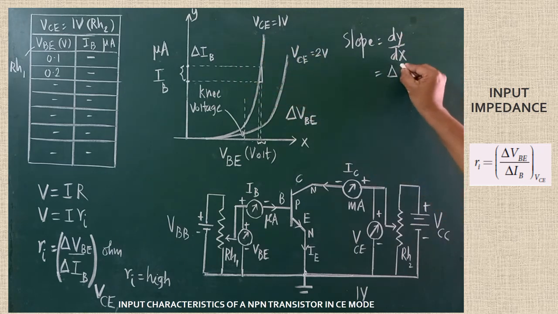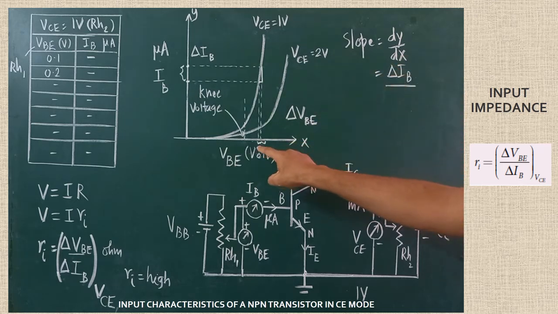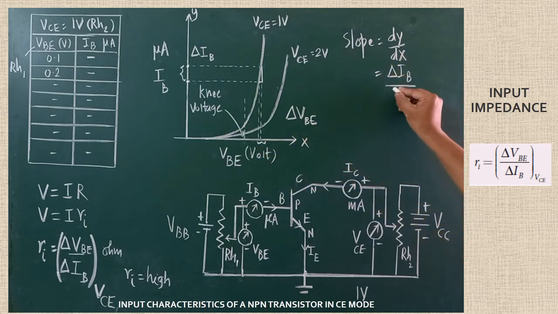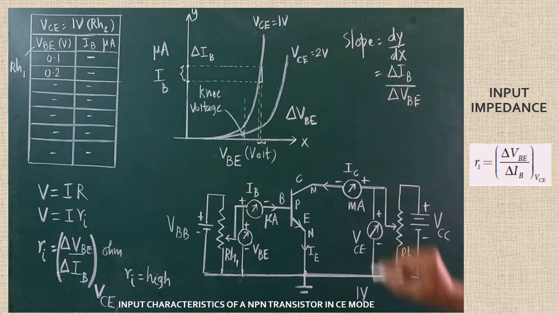That is nothing but del IB, the difference in base current, that gives you dy. What is dx? That is nothing but del VBE. Are you clear? After substitution, that gives you the slope value.